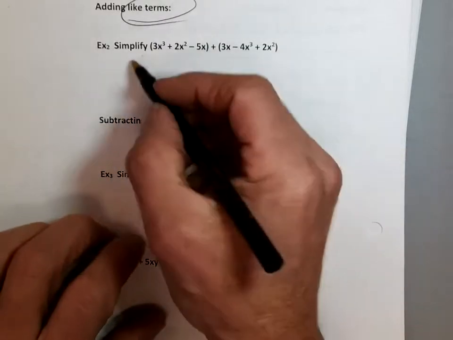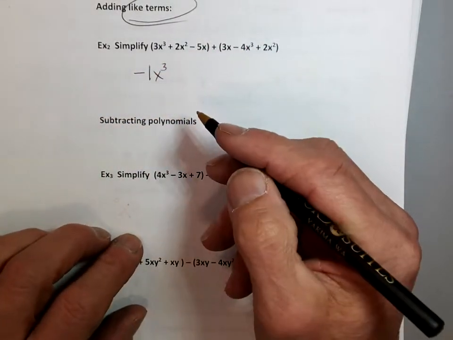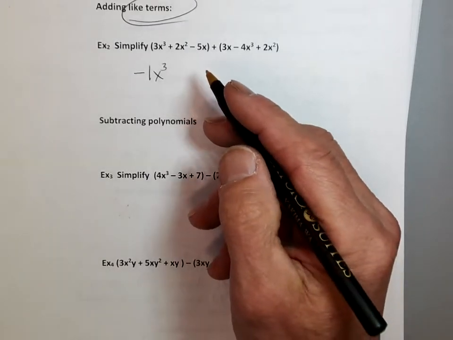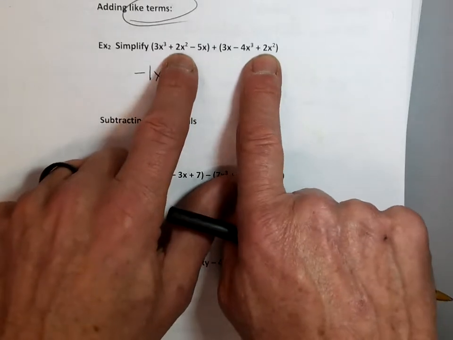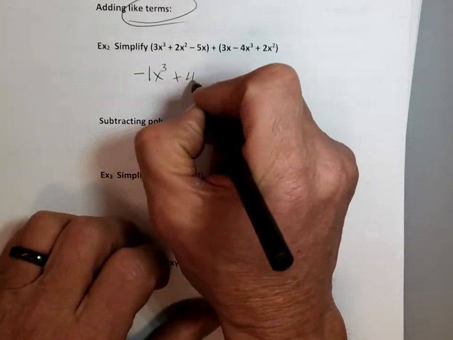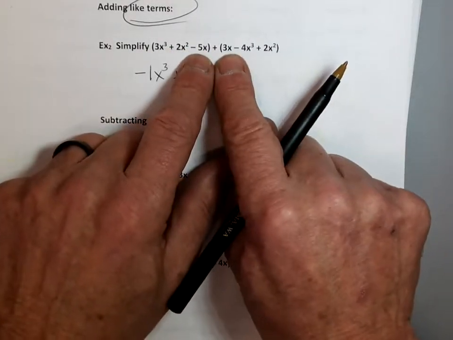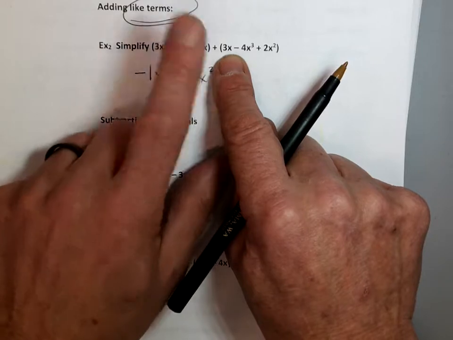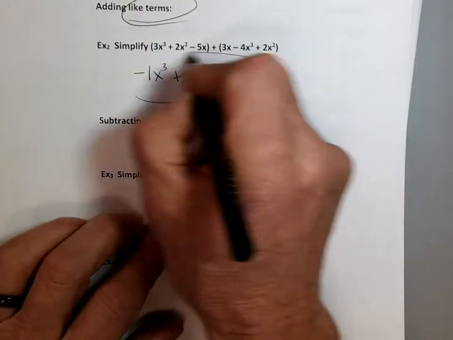You got negative 1 or minus 1 x cubed. We've done this before, haven't we? Yeah, we did this in algebra. 2x squared with another 2x squared. How many x squareds do you have? 4. So positive 4x squared, okay? Negative 5x, positive 3x, okay? So negative 5x plus 3x makes a negative 2x. All right, good.